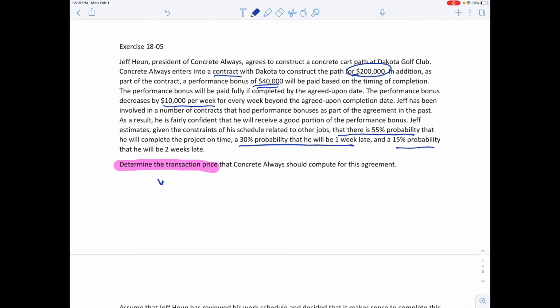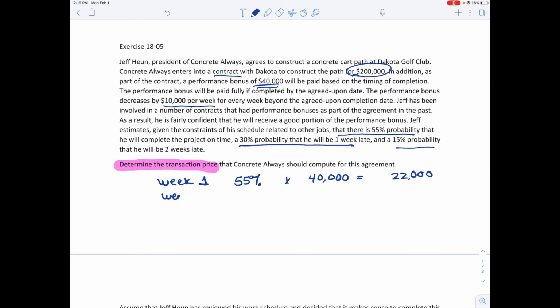So week 1, there's a 55% probability he's going to get done on that time frame. If he does, he gets that full, or in week 1, based on that $40,000, we're going to recognize $22,000 of that.